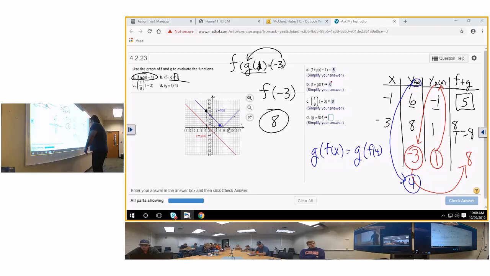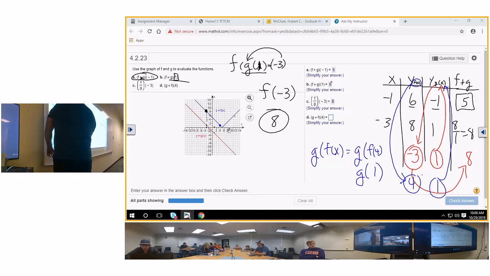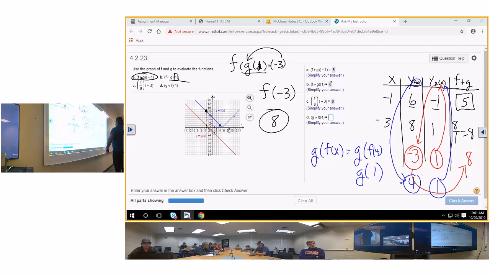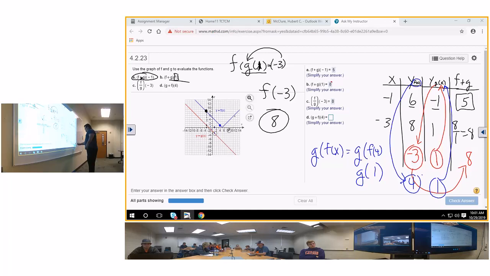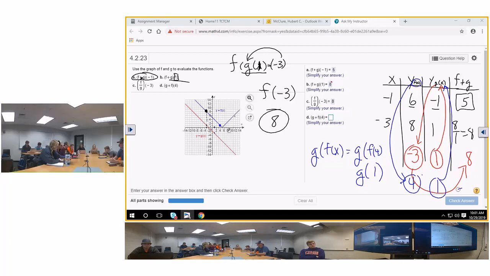That's going to give me 1, and I'm going to take 1 and plug that into G of X, and 1 will give us negative 3. Is that the answer?